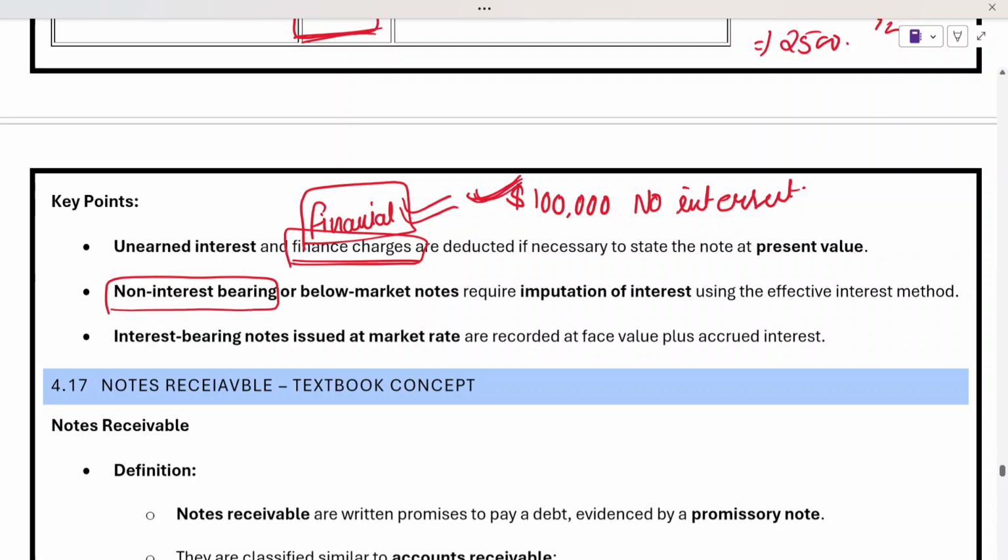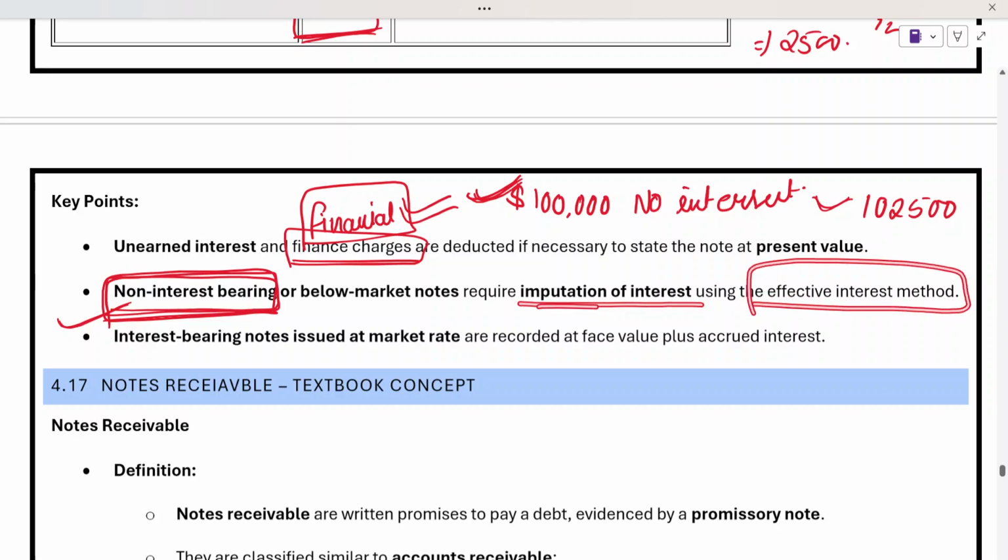Today's money has a higher value than the money after 6 months, because if you get this $100,000 today, you can invest it in the bank and earn interest. So after 6 months this will become $102,500. So even though the interest is not given in the question, or the note is non-interest bearing, you need to calculate the interest based upon the effective interest method, which will be covered in detail in future chapters.